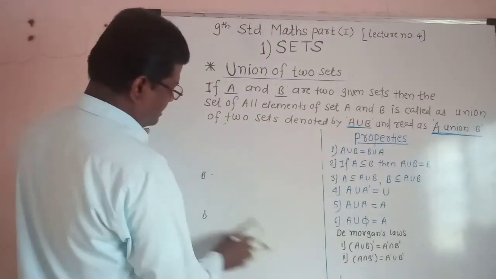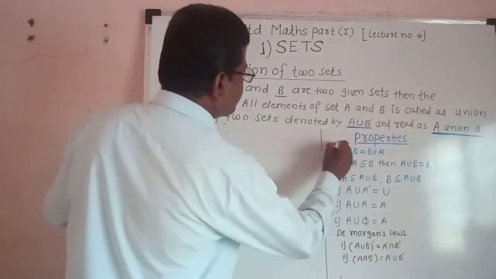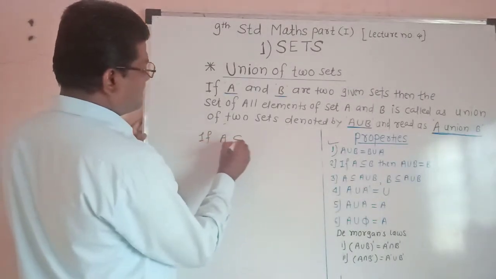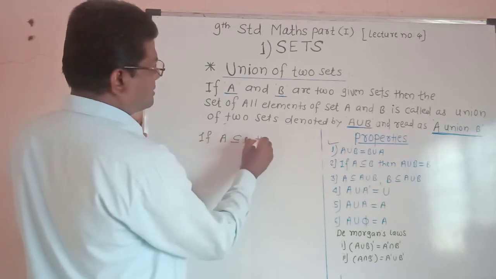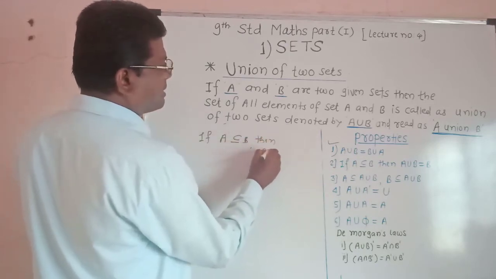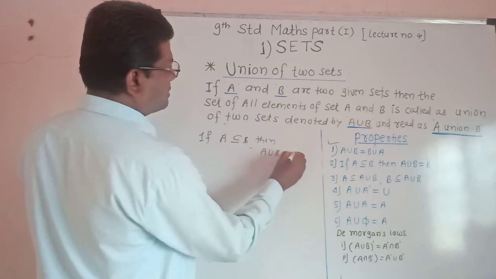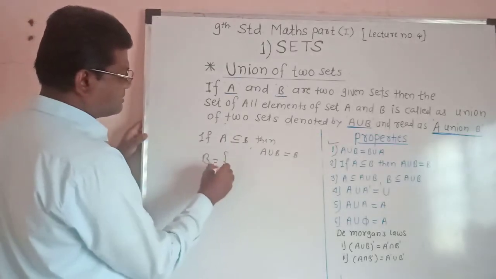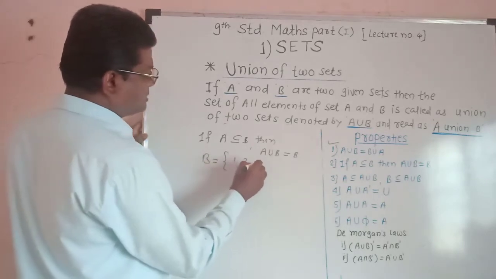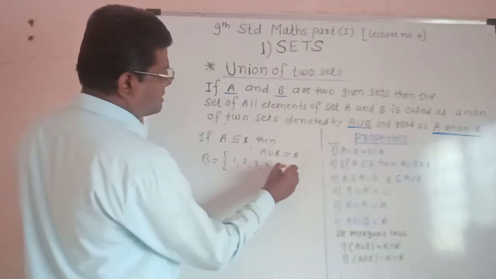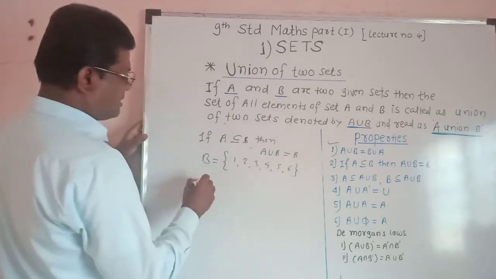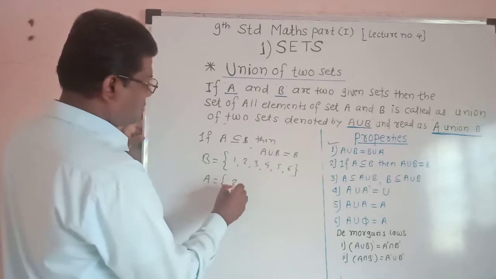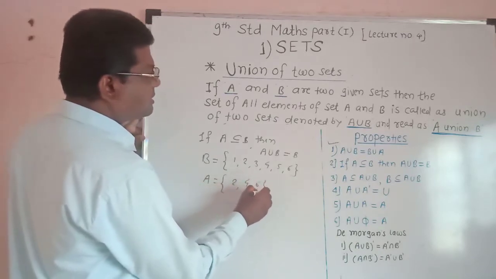Now let us see the second property. If A is a subset of B, then A union B is equal to B. Consider a set B with elements 1, 2, 3, 4, 5, 6 and set A as the set 2, 4, 6.